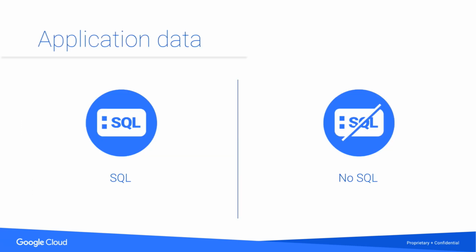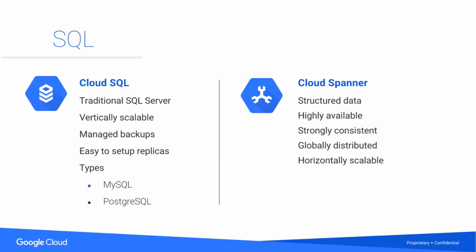So now let's take a look at application data. So SQL data, NoSQL data. So for SQL data, or schema-defined information, we have Cloud SQL, which is a traditional SQL server, and it supports MySQL and Postgres. And it's essentially vertically scalable. Although you can scale it somewhat horizontally through the use of replicas, there is a limit to how SQL databases can scale.